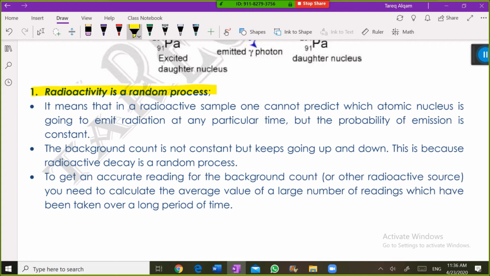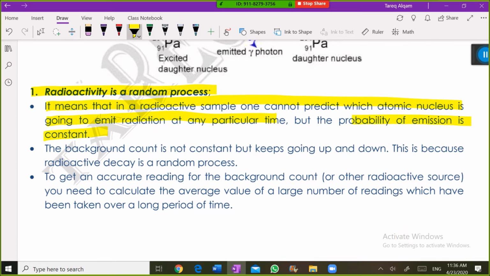It means that in a radioactive sample, one cannot predict which atom nucleus is going to emit radiation at any particular time, but the probability of emission is constant. If you are asked about this, you have to write this point. First mark, the second mark: the probability of emission is constant.